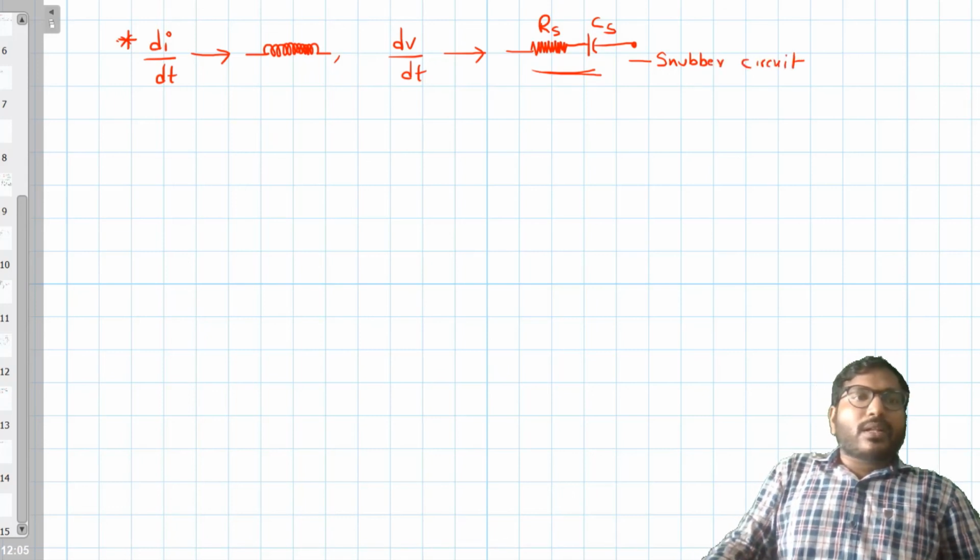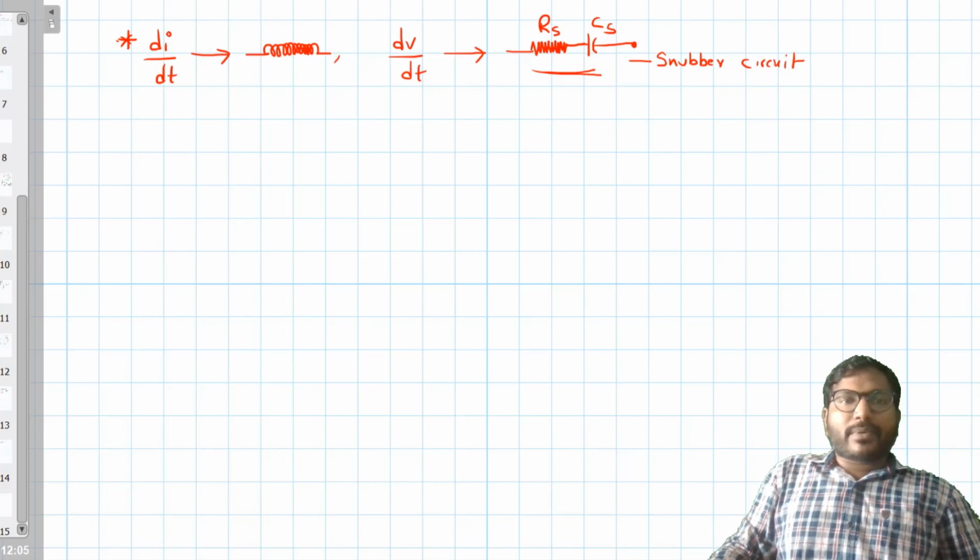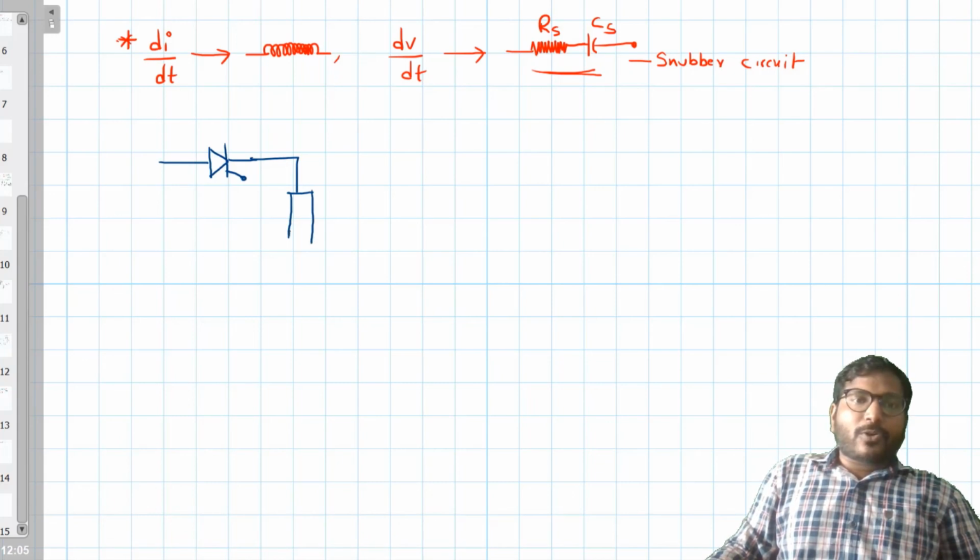So now the total SCR circuit appears like this. This is the SCR connected in series with the load RL.